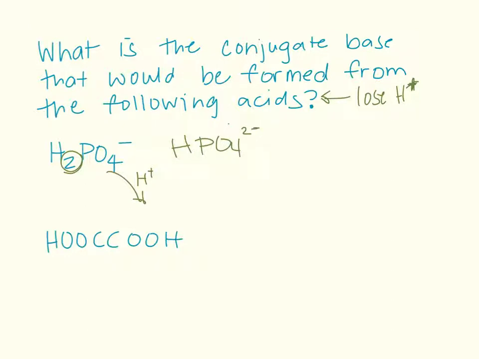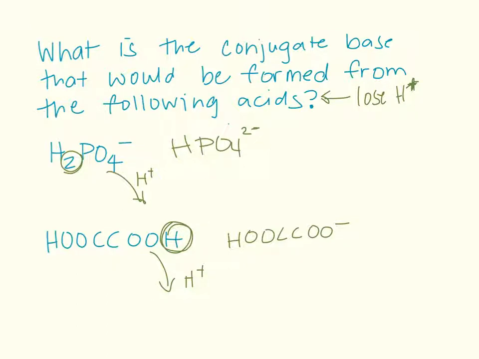All right, and then we have this. It's supposed to be an acid, so it's going to lose a hydrogen, which means one of these hydrogens is going to come off. I'm going to pull off the last one here, and so we would write it like that.